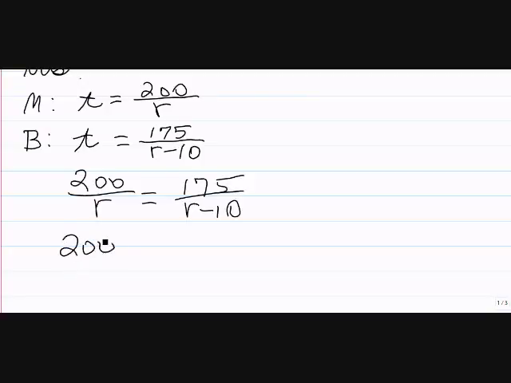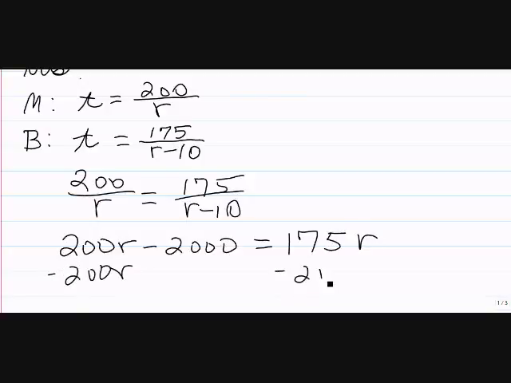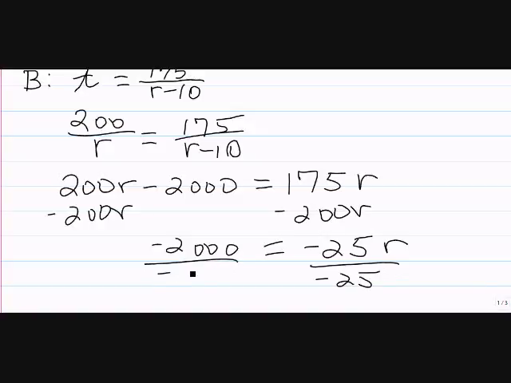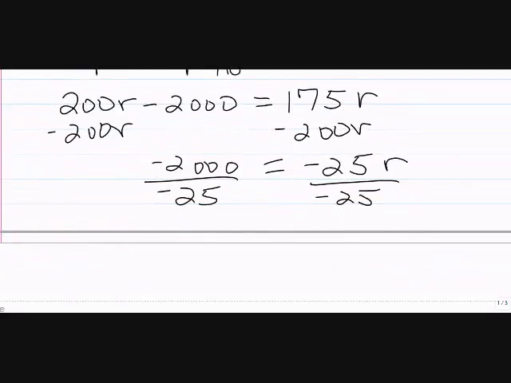So that's 200r minus 2000 equals 175r. Subtract 200r from both sides. Negative 2000 is negative 25r. Divide both sides by negative 25. What's 2000 divided by negative 25? 80.